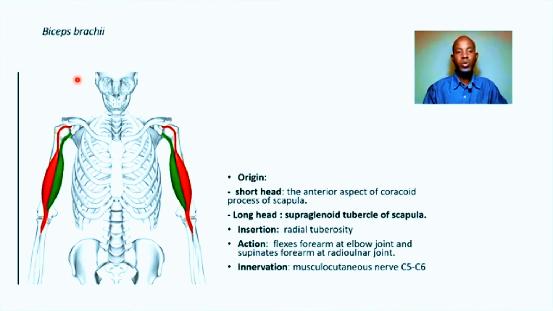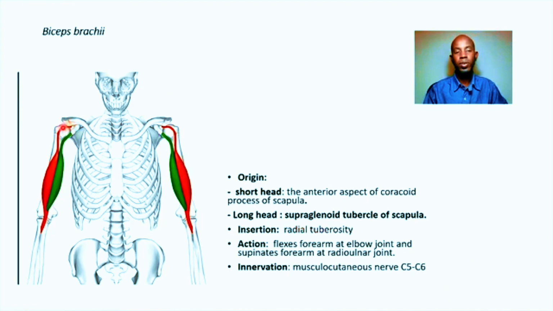This is biceps brachii. Biceps brachii has two heads, the long head and the short head. This is the long head. The long head originates at the supraglenoid tubercle of the scapula, right there.